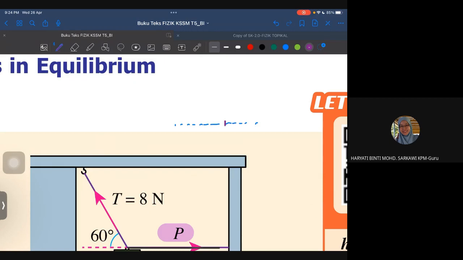So you measure the angle from the horizontal, 60 degree. Then you draw 8 cm length with the correct angle. This one must be 60 degree and then the length is 8 cm to represent tension 8 Newton, like that.